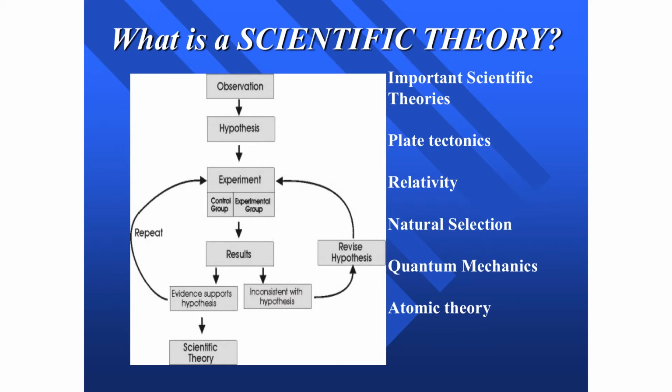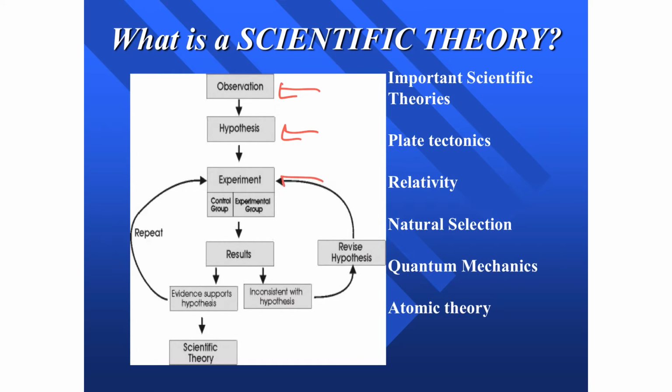So what happens in a scientific theory is science can test things in a certain way, and then we can modify our theories. Scientists would see some kind of observation and then make a hypothesis, right? A hypothesis is kind of an educated guess. It's a prediction about something based on an observation.